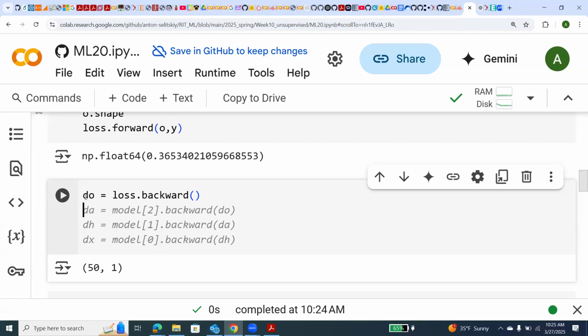You remember that in our functions, we calculate the gradients with respect to inputs and multiply by gradients with respect to outputs. So that's why we should pass the gradients from outputs.